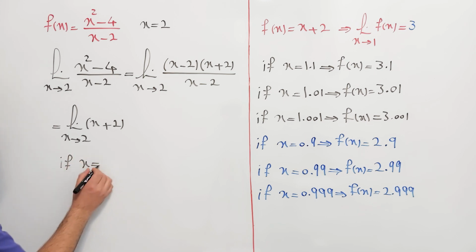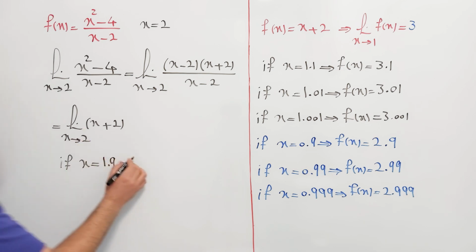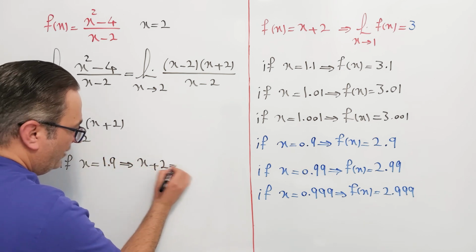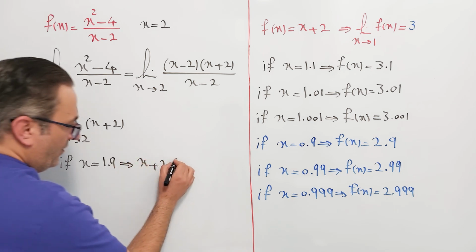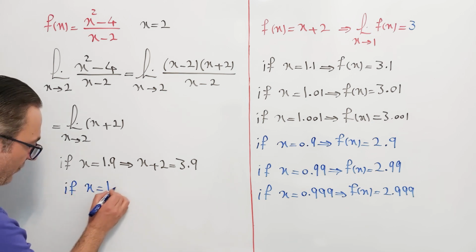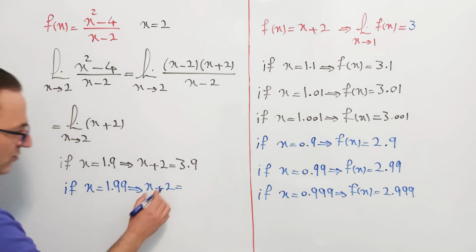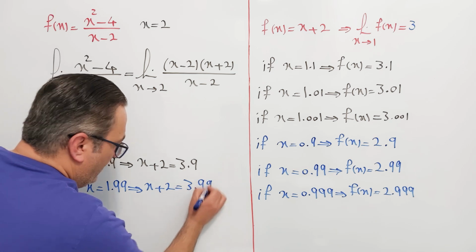If x gets closer to 2, for example, if x = 1.9, then x + 2 = 3.9, and if x = 1.99, then x + 2 = 3.99.